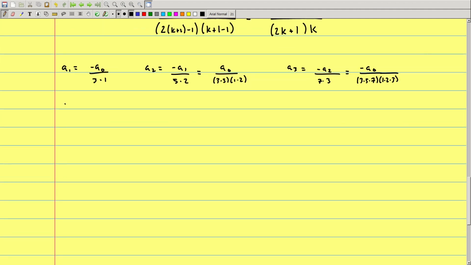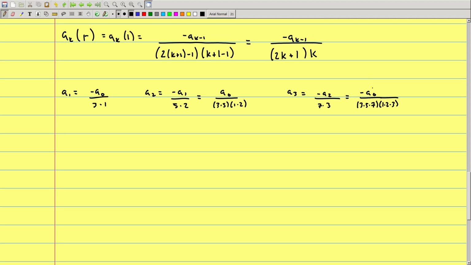And so what this allows us to say is that we note that this part here is just k factorial, and this part here looks like the product of all of the odd numbers up to 2k plus 1, because 2 times 3 plus 1 is 7.